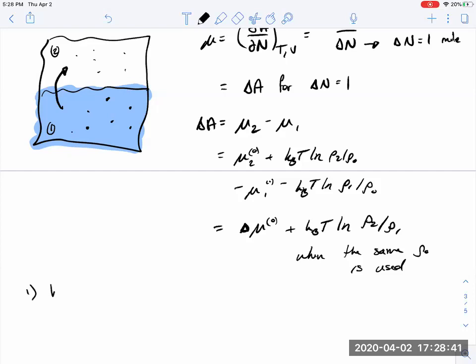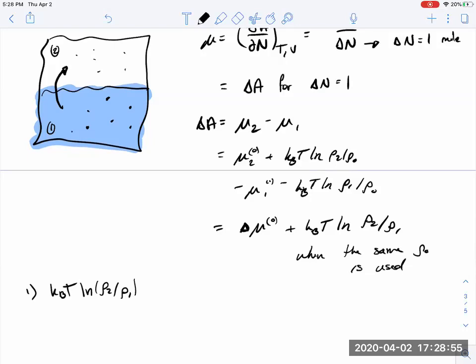So that second term, kBT log rho 2 over rho 1, accounts for translations. That's what we noted at the beginning. It essentially says, how many ways in space can I put a solute?